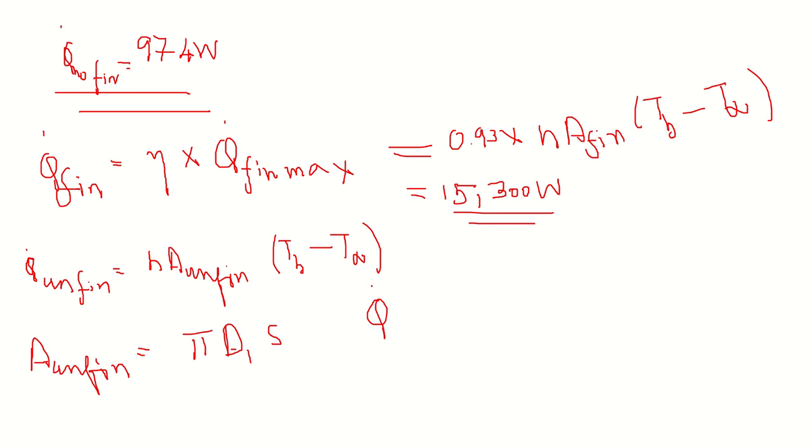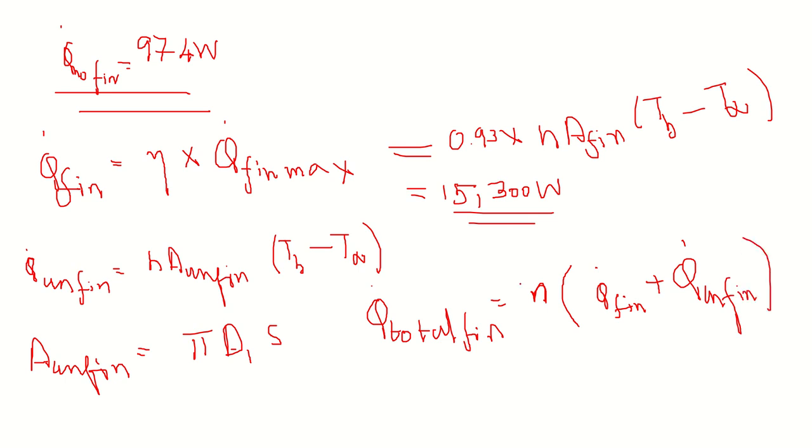So I'll write Q dot total fin is equal to number of fins n multiplied by Q dot fin plus Q dot unfin. I have the values of both, and n I also know, in our case 250 fins. With all the values I'll get Q dot total fin.